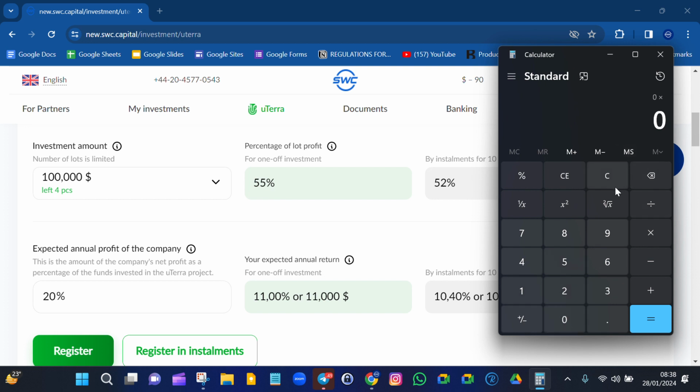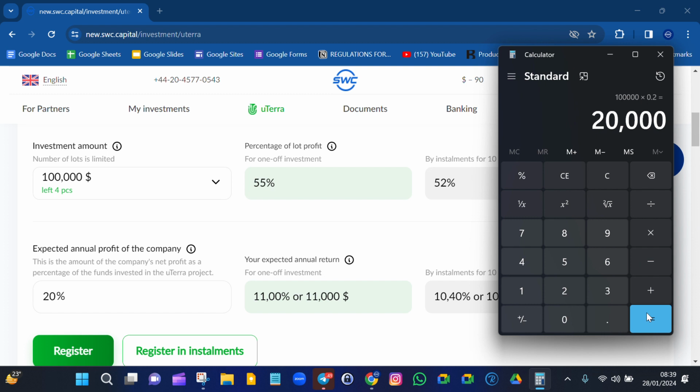Let me start over. $100,000 times 20% equals $20,000. Now, 55% of $20,000.